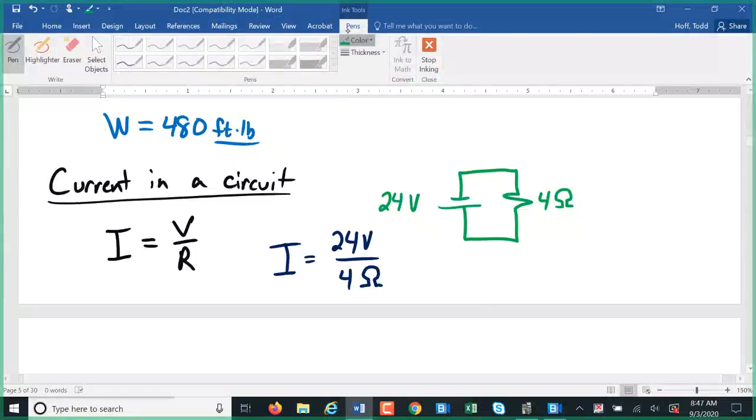So I divide. 24 divided by 4 is 6. Now this part I wouldn't expect you to know yet, but those of you in automotive, you are going to see this in your DC electrical class. A volt divided by an ohm is an amp. I'm going to write out the word amp for now.